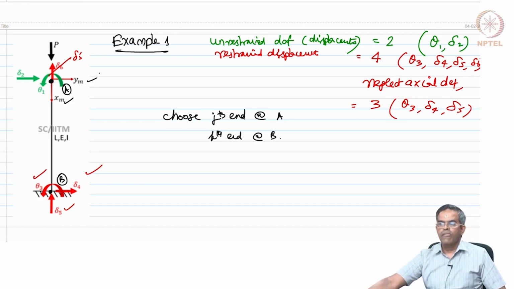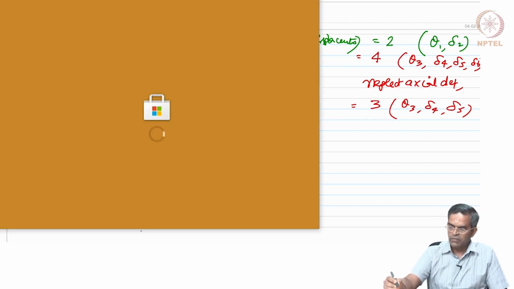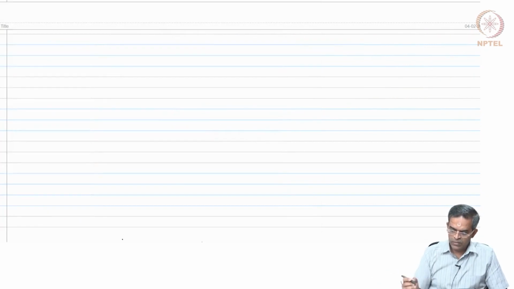Okay. Now, I can write the stiffness matrix for stability functions for this particular problem. Okay, we can recollect that equation which we wrote.